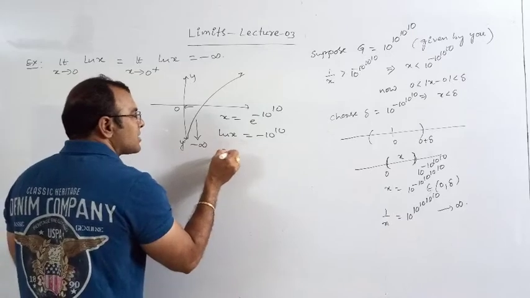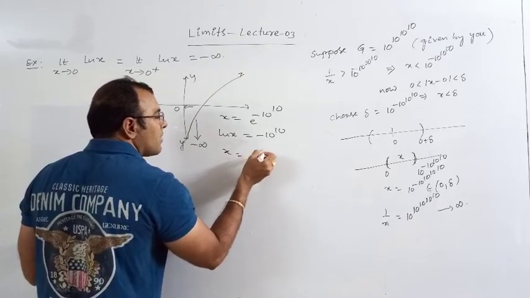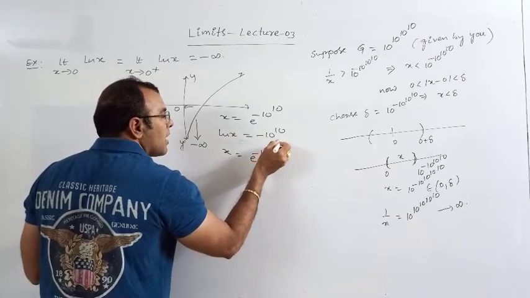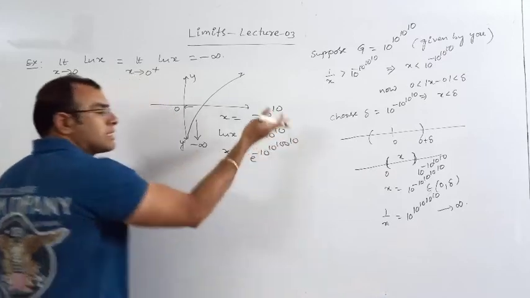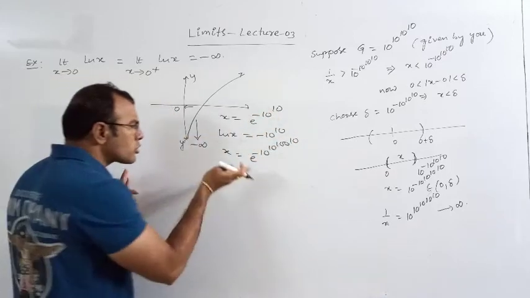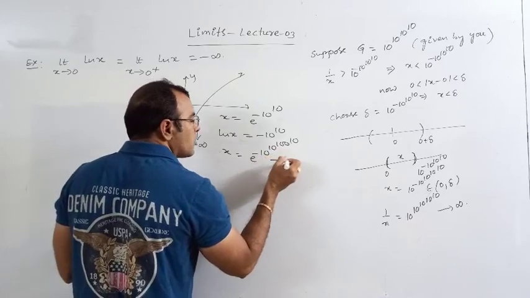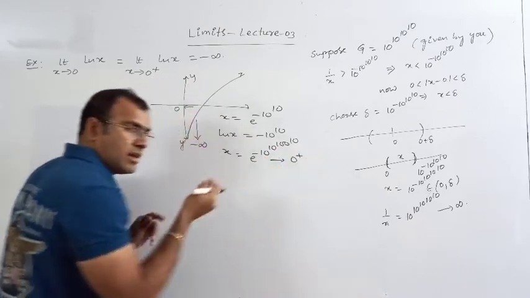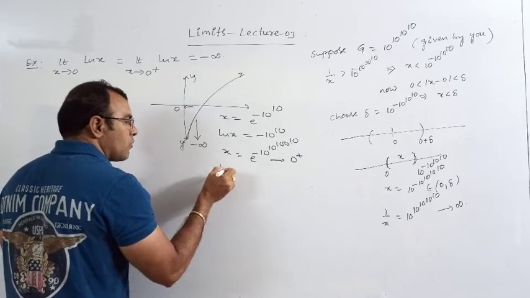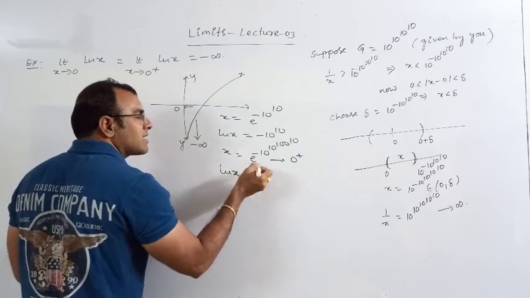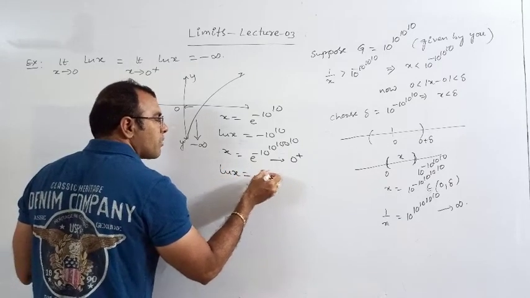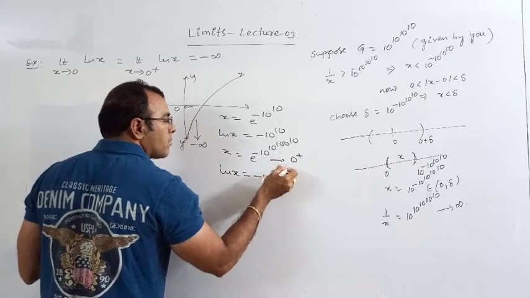If I take x equal to e to the power of minus 10 to the power of 100 to the power of 10, it is almost tending to 0 plus, very close to 0. Then ln x equals minus 10 to the power of 100 to the power of 10.